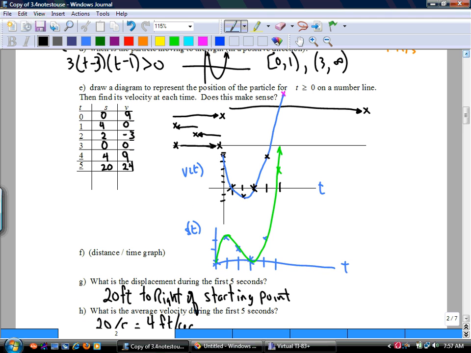No. Average velocity is the slope of the secant line. What we're actually saying here is to join this dot and this dot with a line. What is the slope of that line? That is the secant line. Average velocity means secant line.